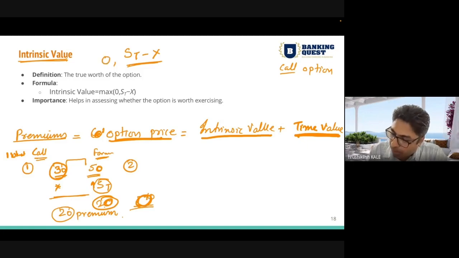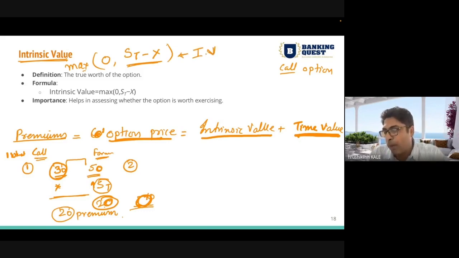I will give comma 0 and I am taking max of it. And this is the formula for intrinsic value of option, which is nothing but max of 0 comma ST minus X. This is intrinsic value for long call option.